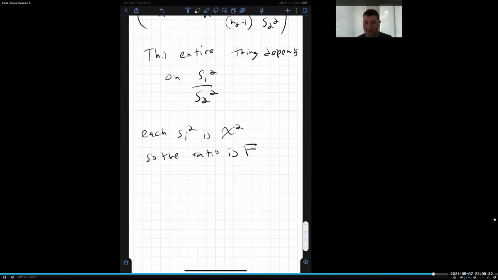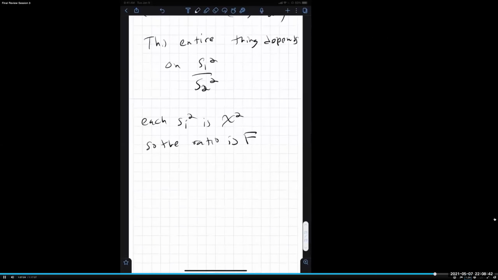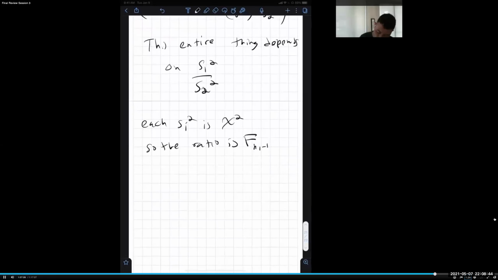So this is like an F test, and that doesn't require any asymptotic theory in this case. And I believe the degrees of freedom is just going to be n1 minus 1 comma n2 minus 1. And so that's that.